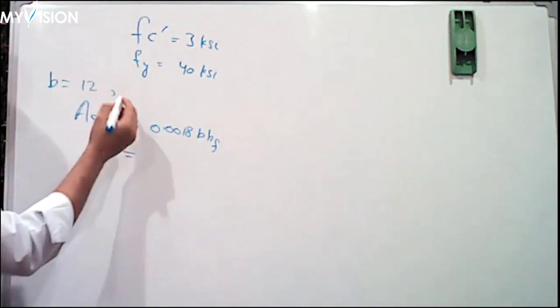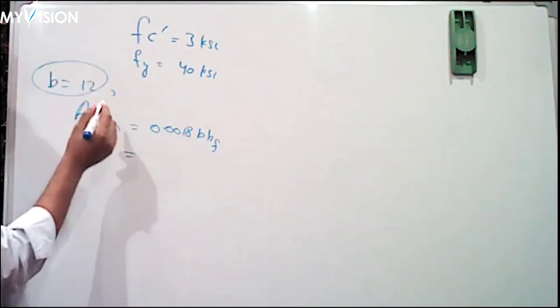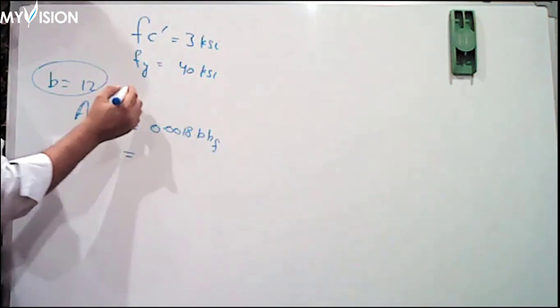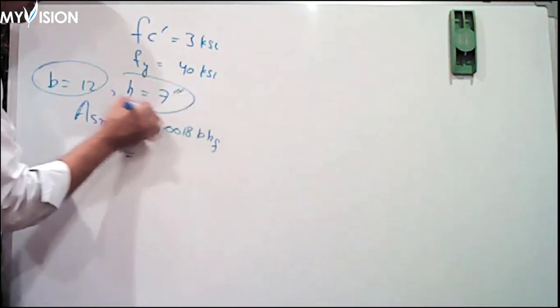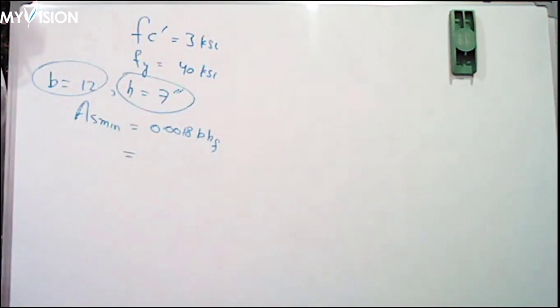Assume this value. This B will always be equal to 12 inches, and the H value, which is given in this question, is 7 inches.